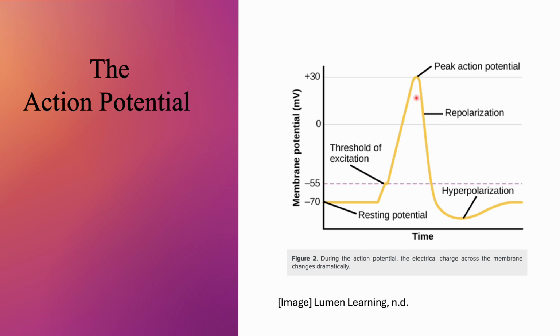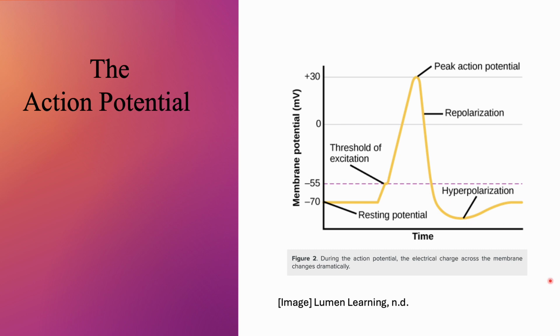So at the peak action, the sodium gates will close and the potassium gates will open. As positively charged potassium ions leave the cell, the cell begins to repolarize. So you will notice it will hyperpolarize first, which means it becomes even more negative than what it was at its resting potential.